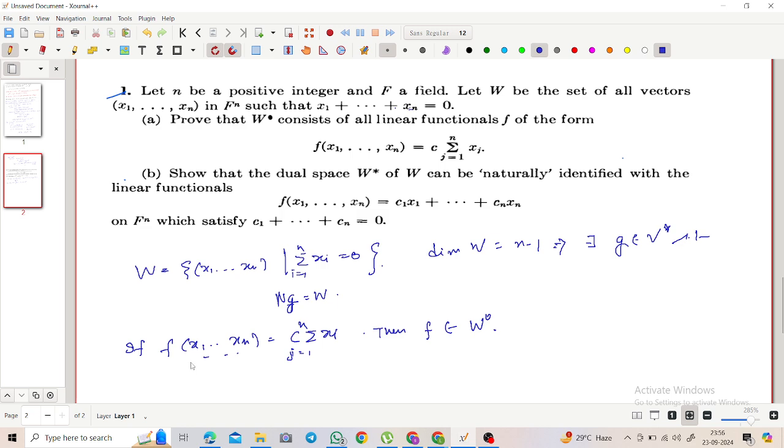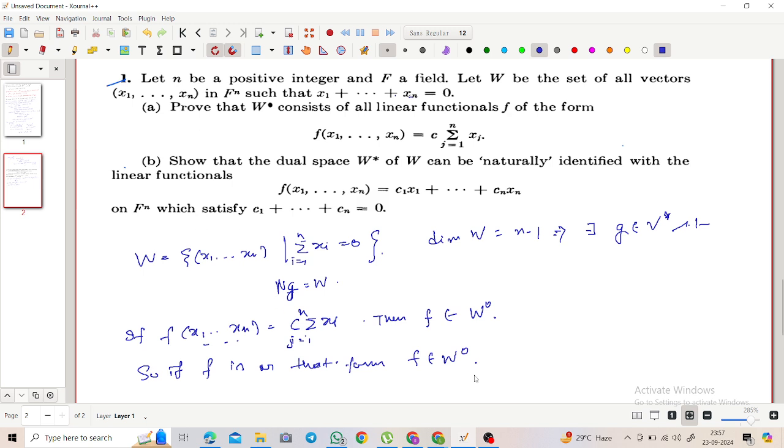If f is of that form, then f belongs to W naught.